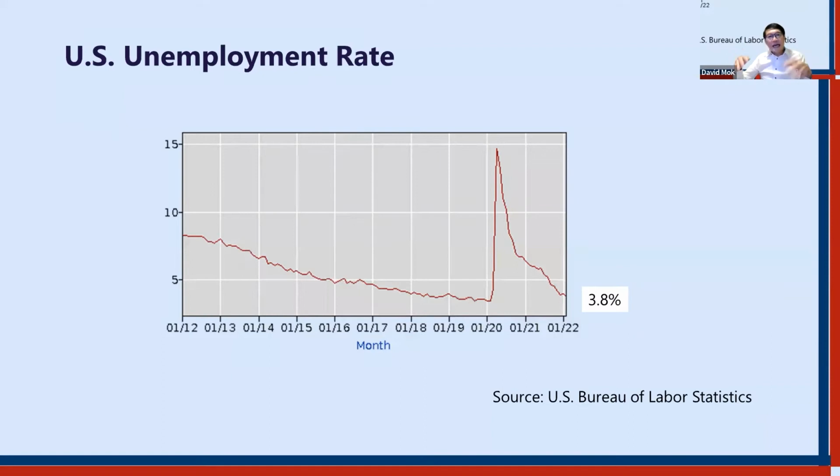Let me say that again. Inflation may not be all that bad. It is a result of something happening in the economy, and the economy is doing well. And when the economy is doing well, inflation kicks in. It's natural. Okay, so I hope we understand that.